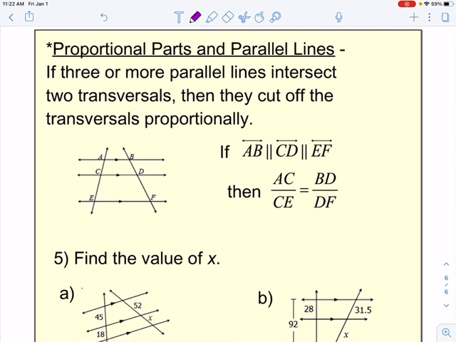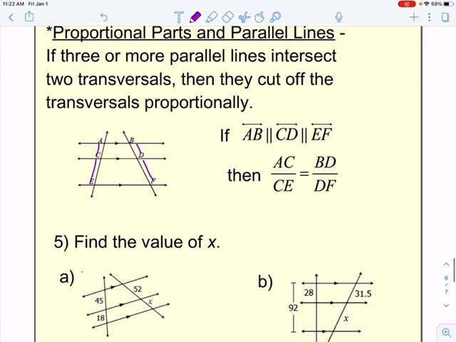If three or more parallel lines intersect two transversals, then they cut off the transversals proportionally. So if AB is parallel to CD is parallel to EF, then AC over CE is going to equal BD over DF. Basically, it's the same thing as the side splitter theorem from the beginning.